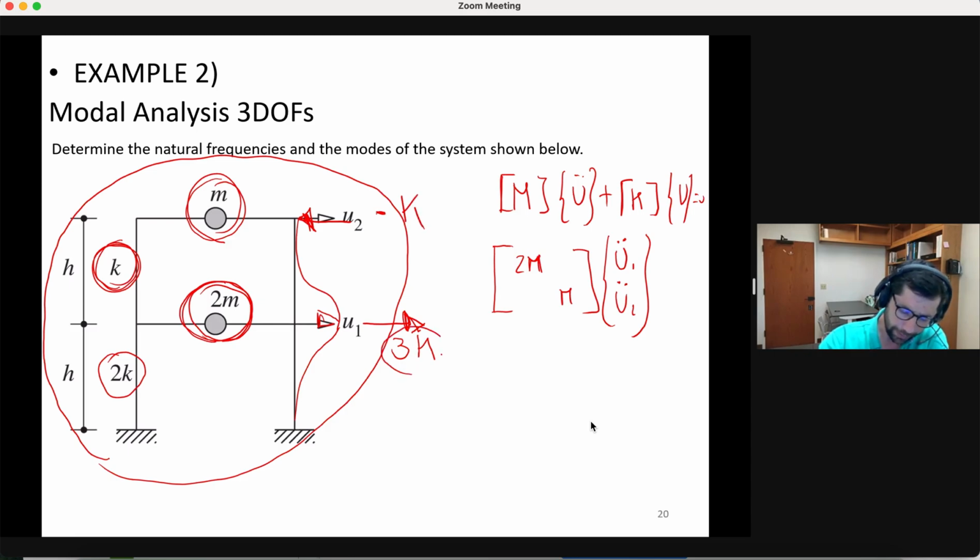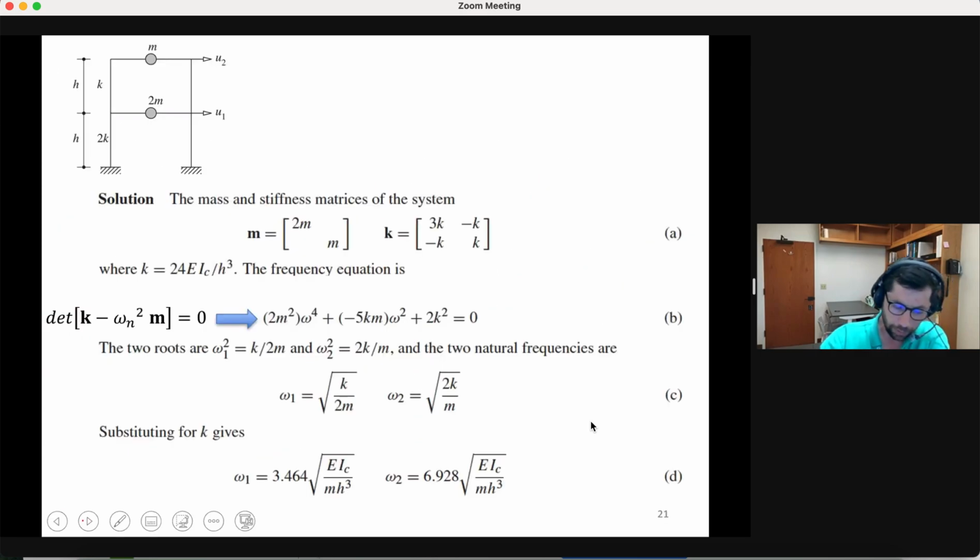So at this level it is 3k, at this level it is minus k. These are the values for the first column of the stiffness matrix. Let's go and write them down. So the mass matrix is here. The stiffness matrix, we say it is 3k, minus k.